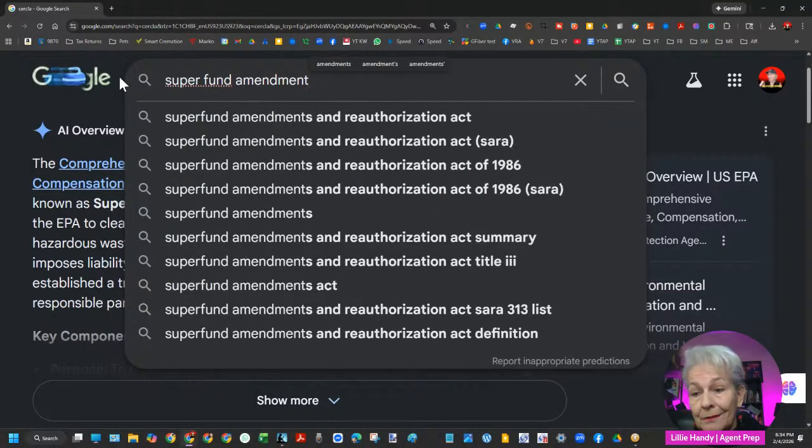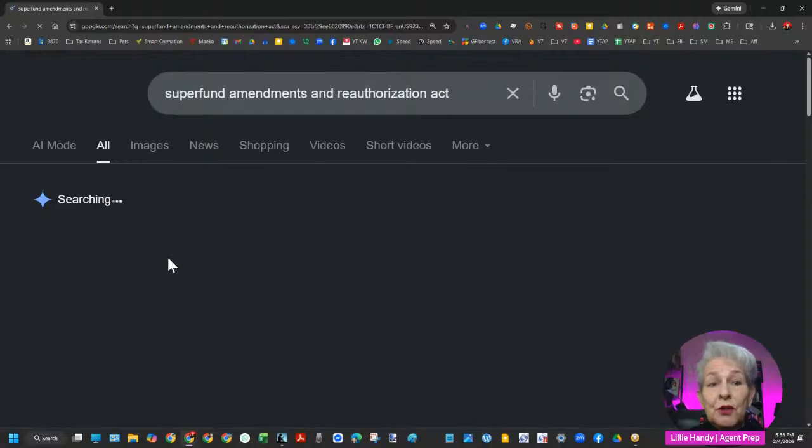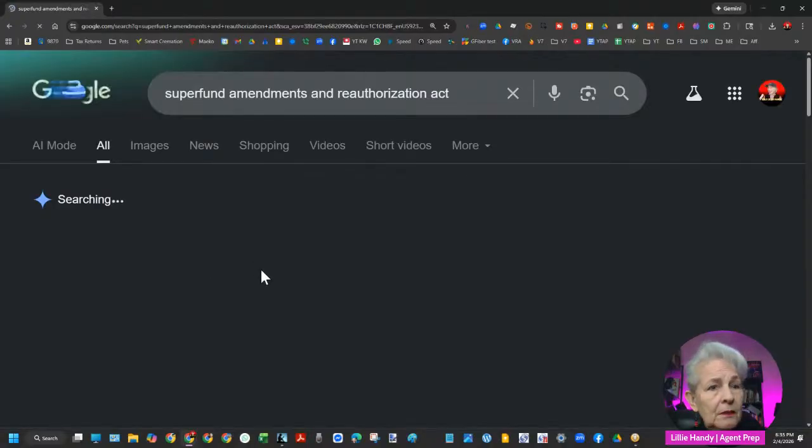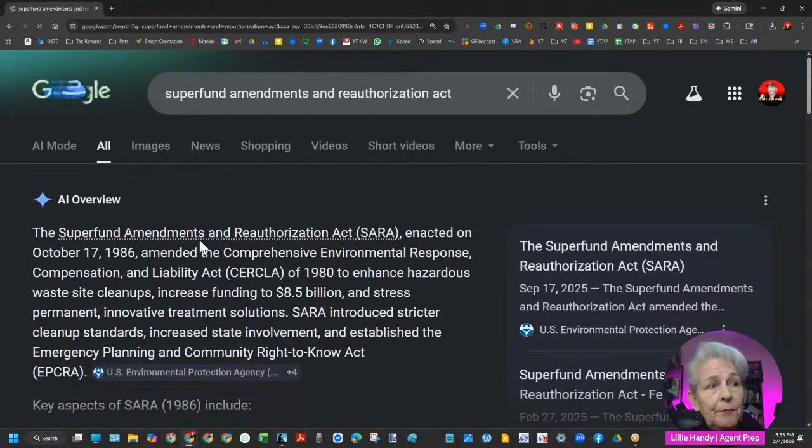So when in doubt, just Google it. Don't hesitate to Google things instead of searching your books. Now you have to confirm to make sure that it's correct. So the Superfund Amendments and Reauthorization Act, enacted in 1986, amended CERCLA, the Comprehensive Environmental Response, Compensation, and Liability Act, to enhance hazardous waste site cleanups, increase funding to $8.5 billion, and stress permanent innovative treatment solutions.